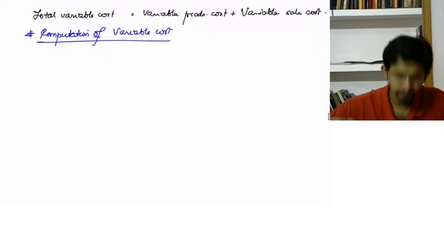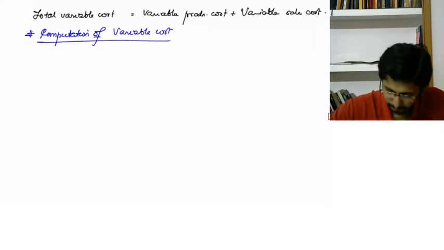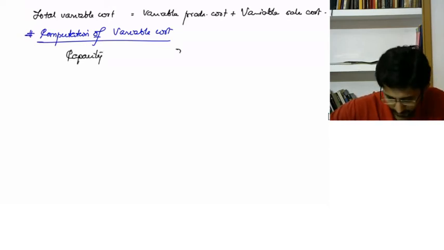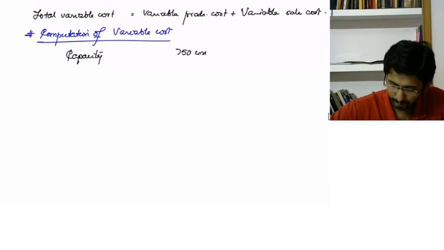Okay, so computation of variable cost. You have the capacity of 500 units and 750 units.